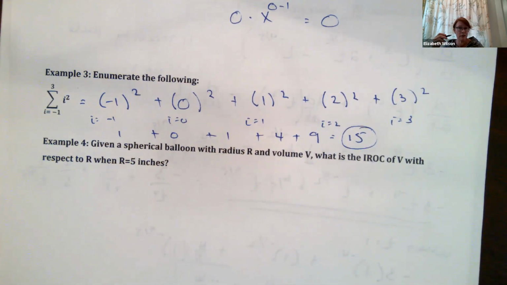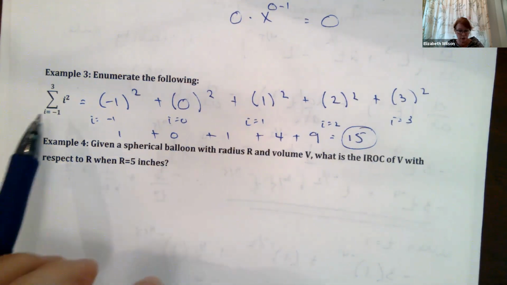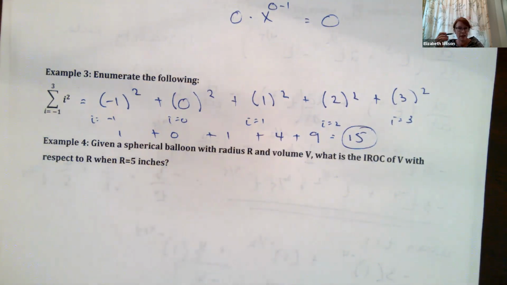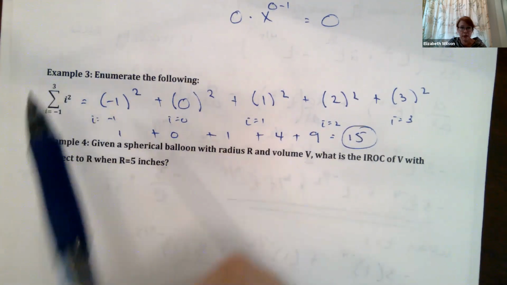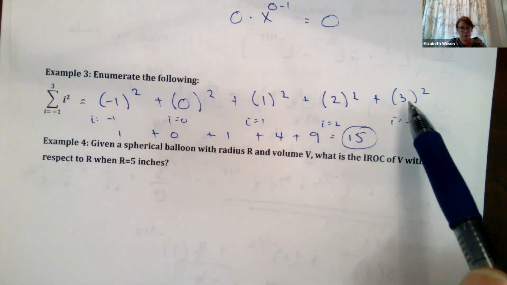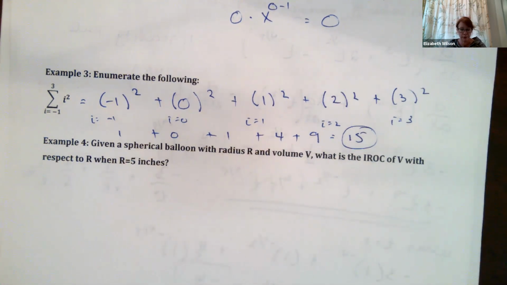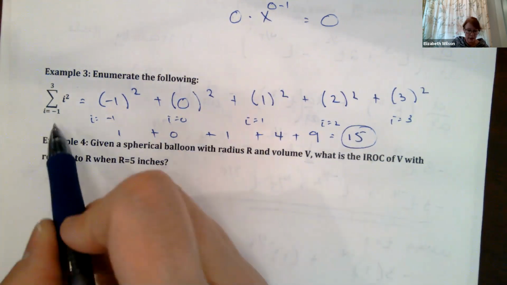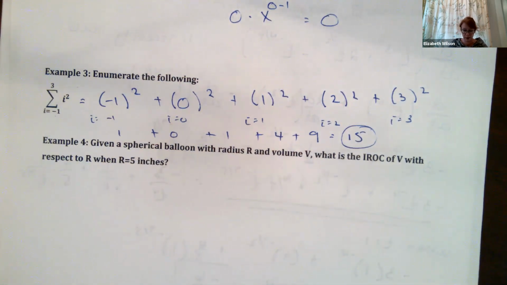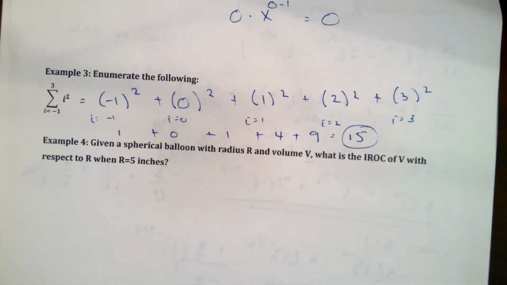If it doesn't yet, if it's still less than or equal to 3, then keep looping through and doing this formula right here. If i equals 3, then stop. This is inclusive of 3. So use 3 as your last term and then bounce out of your loop. So this tells you I start here and I end there. Okay, thank you. And I include those values.